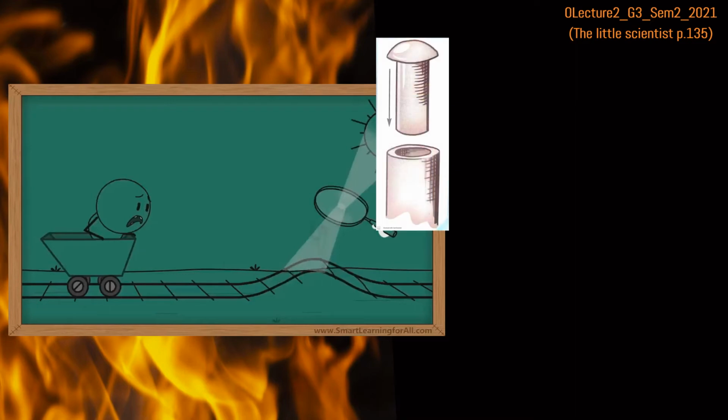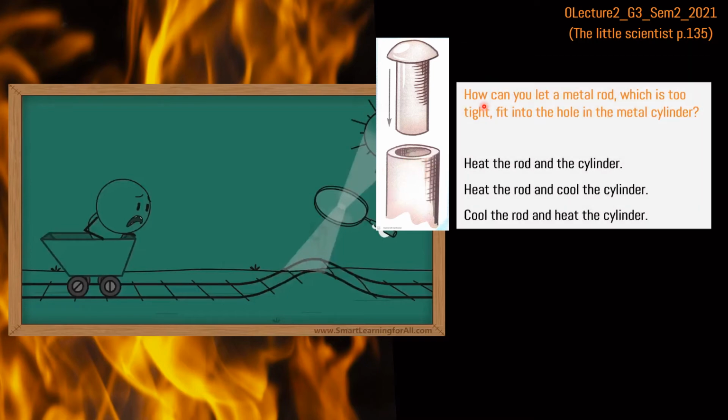Let's do this. Okay, this question is found in your book at page 135. We have a metallic rod and we have also a cylinder. And this cylinder is too tight.